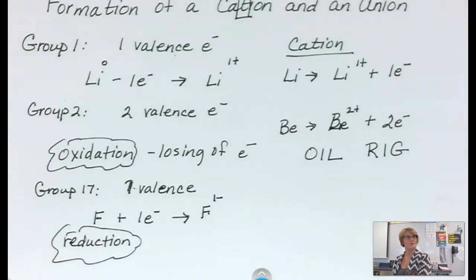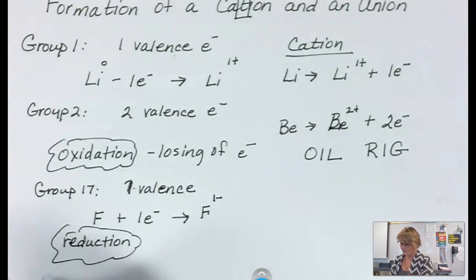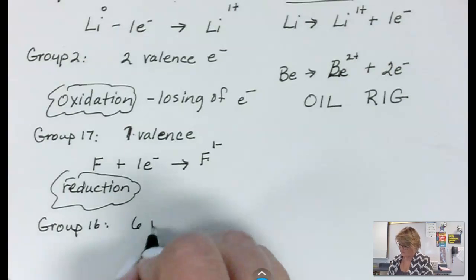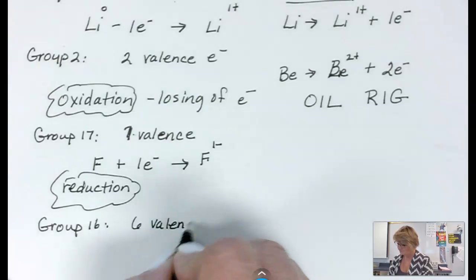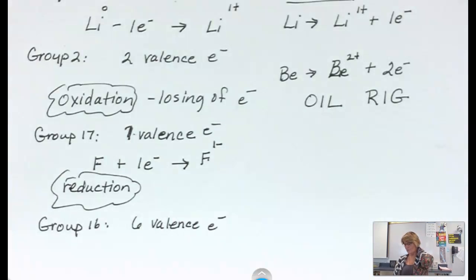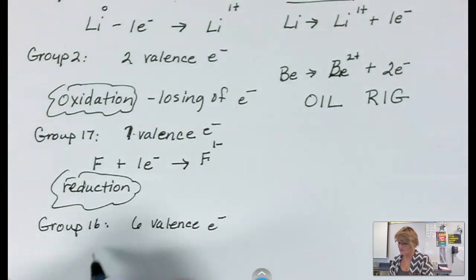We'll go ahead and go to group 16. Group 16 has 6 valence electrons, and so it would want to gain 2 in order to follow the octet. Let's just do oxygen.